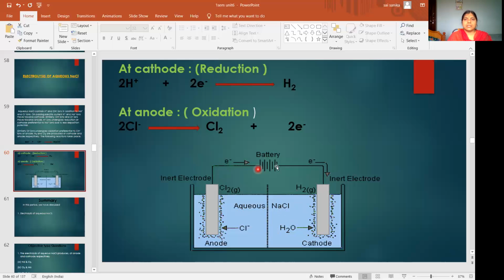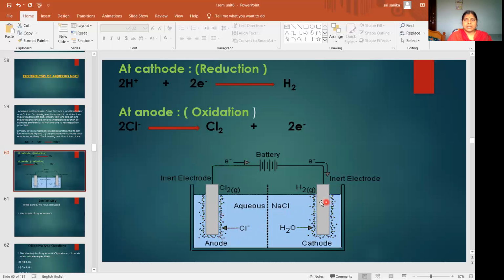On passing the electric current into the solution through these electrodes, whatever cations are present in the solution will move to the cathode, that is, Na plus and H plus ions will move to the cathode. Similarly, the anions present in the solution, that is Cl minus and OH minus ions, will move to the anode. So what happens here at the cathode?